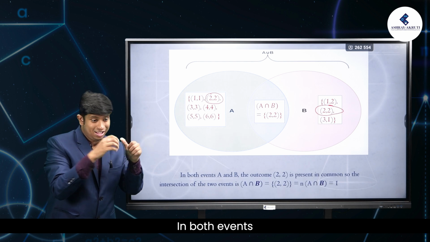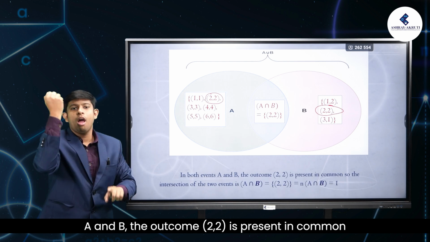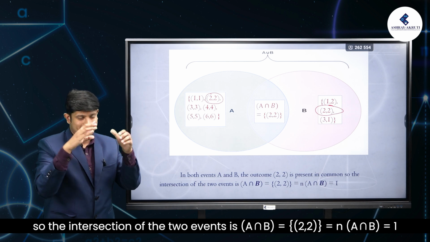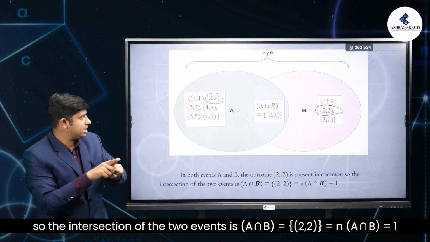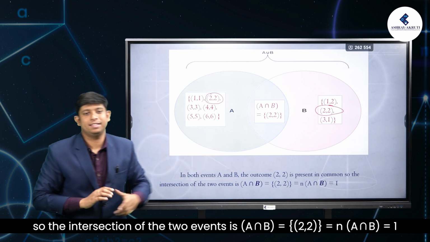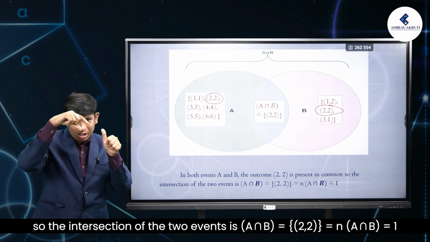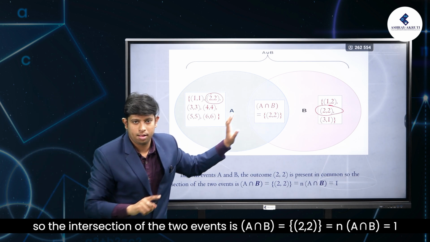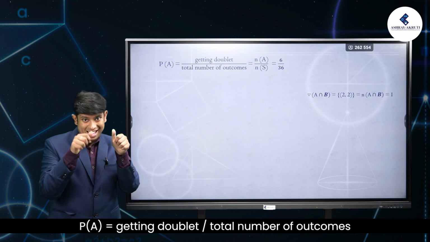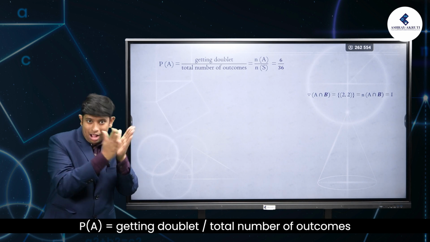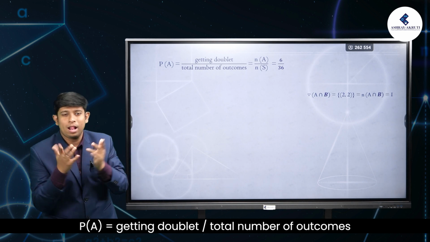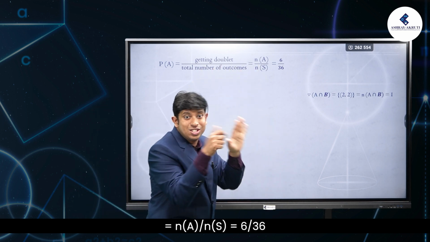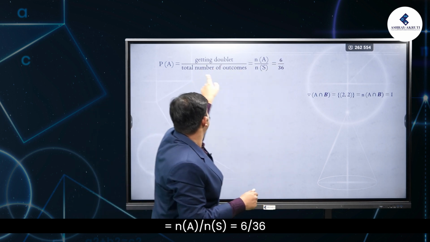In both events A and B, the outcome (2,2) is present in common. So the intersection of the two events, A intersection B, is equal to {(2,2)}. N of A intersection B is equal to 1. P of A is equal to getting doublet by total number of outcomes, that is equal to N of A by N of S, that is equal to 6 by 36.